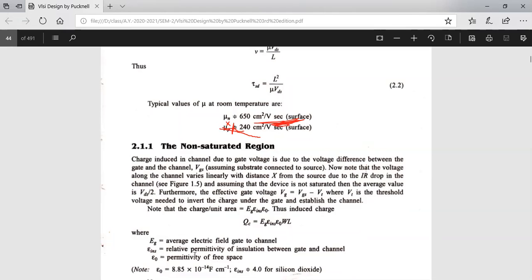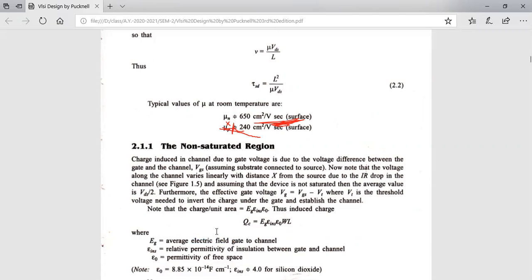Are you able to understand? We are calculating this charge over the channel length, and it has an impact with respect to the electric field between the gate and the channel.